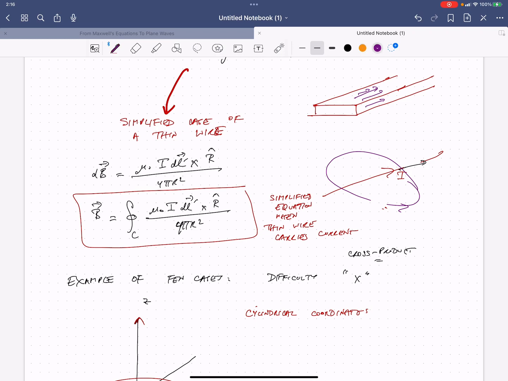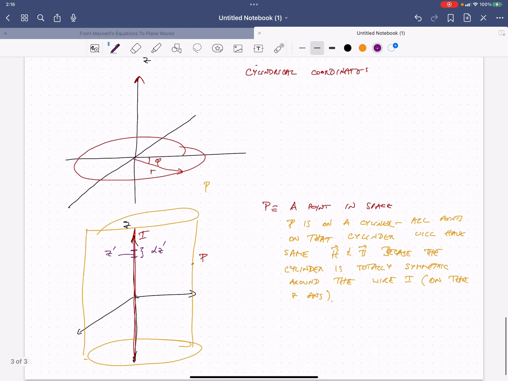Sorry to change this twice on you. If we call this dl, or dz prime in this case, we're trying to find the effects of this current on this point P, and then we're going to integrate from minus z to plus z.